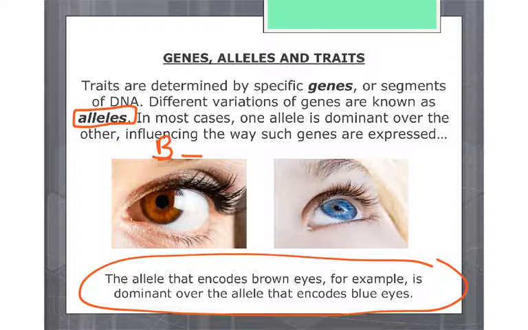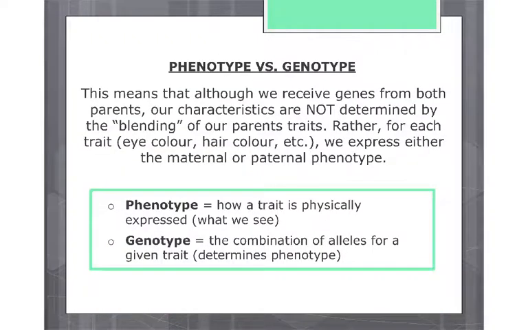So if brown is dominant, we write that as a big B, could be two big B's, or big B and little b. Now, where did that little b come from? Well, this individual has blue eyes. I've told you down in this example that blue eyes is a recessive trait. So the only possible combination of these alleles for this individual with blue eyes would be two little b's because they are recessive. Now, as we progress, I'll go through a little bit more of the terminology of the dominant and recessive, but I did want to flag that example to you guys here.